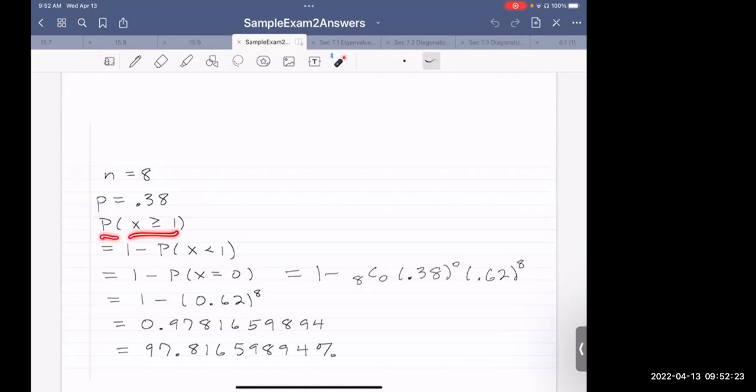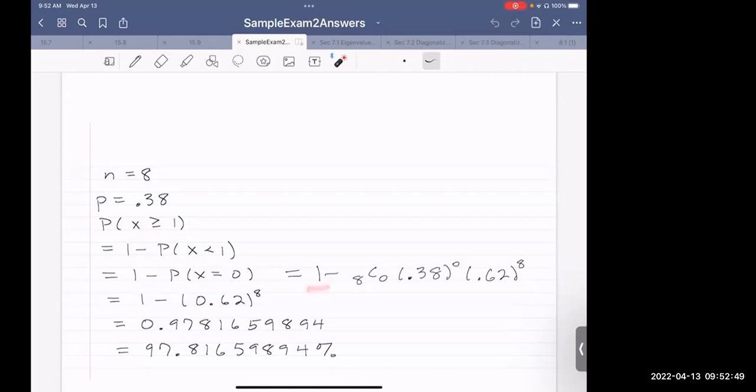So I want to find the probability of at least one, the probability that X is greater than or equal to 1. Let's look at the complementary event, the probability that X is less than 1. Well, there's only one number less than 1, 0. So I want to find 1 minus the probability X is 0.